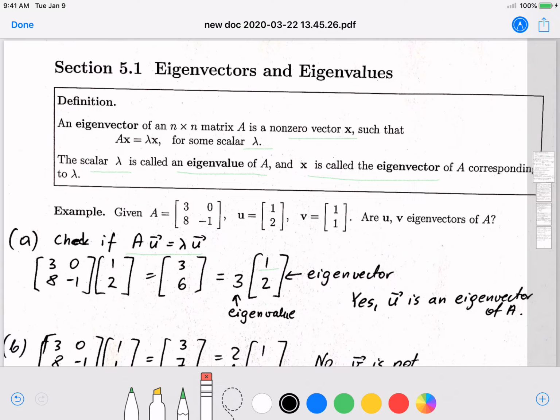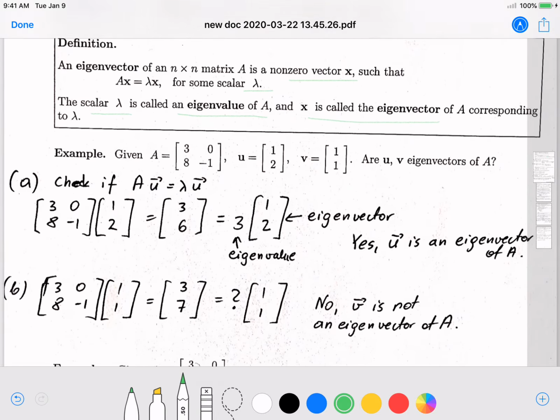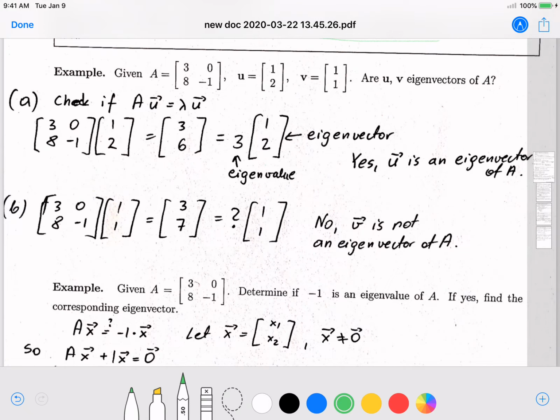Now part B. We would like to check if the other vector, vector v, is an eigenvector of the matrix. So the same, we're going to set up A times vector v.